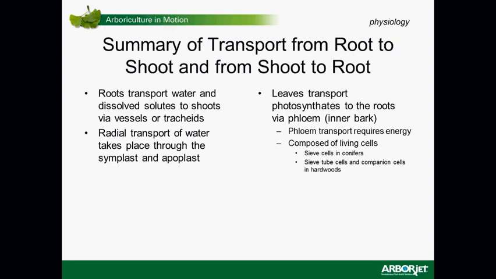And then there's radial transport that occurs from the outer layers in, and that could be both symplastic and apoplastic movement. And leaves transport photosynthetic sugars to where it's needed. Basically, we think about roots, and that goes through the inner bark. So the inner phloem is what moves it, and there are different theories on how those sugars are moved, but it's through the inner phloem.